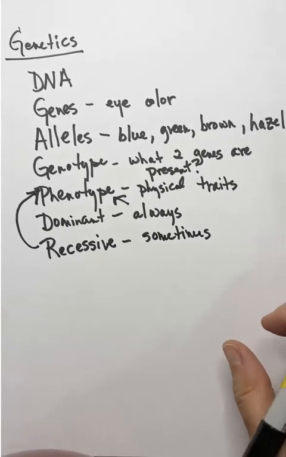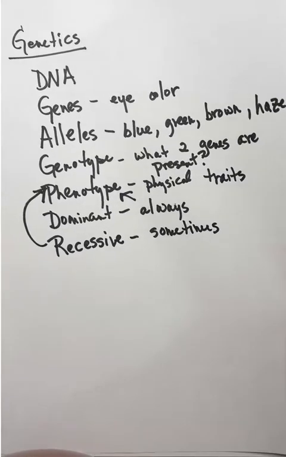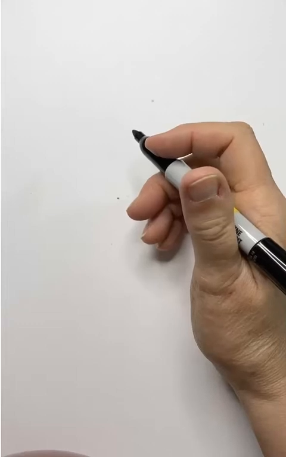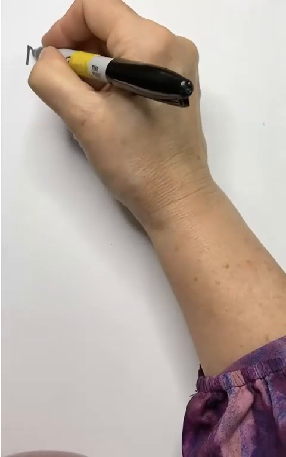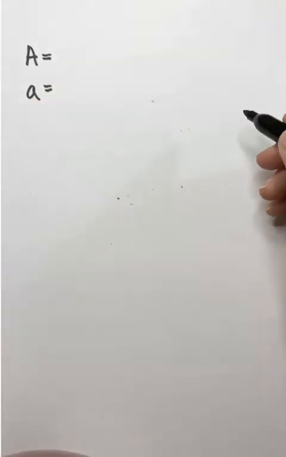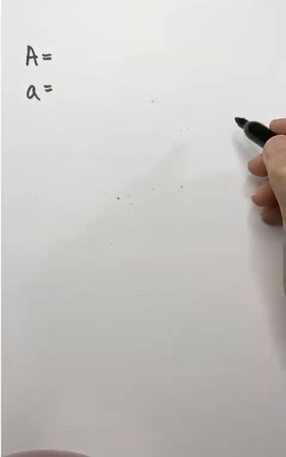Okay, let's move on to how to do a Punnett square and how we write these different traits. We're going to just use A's to start with. So we're going to have a capital A and a little a. And A, whether it's capital or lowercase, tells you that this is a particular gene. So say it's the gene for eye color.